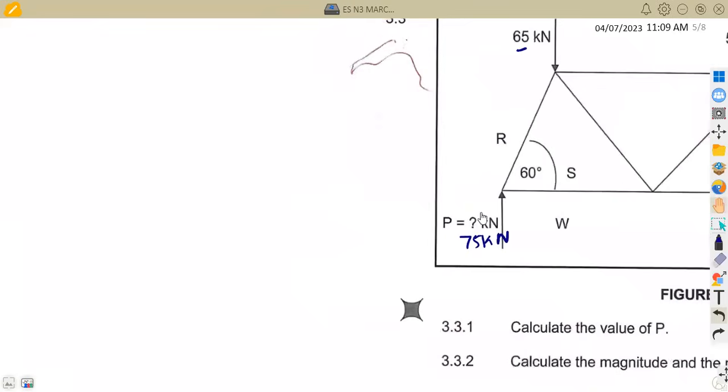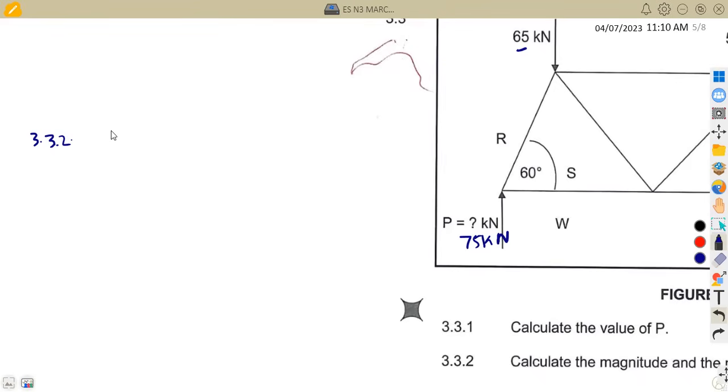Okay, so if we are to consider this, we are going to see that there are upward forces here. 3.3.2. From the P that we have, it's a force that is going up.